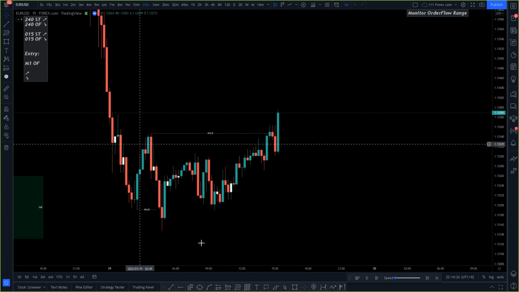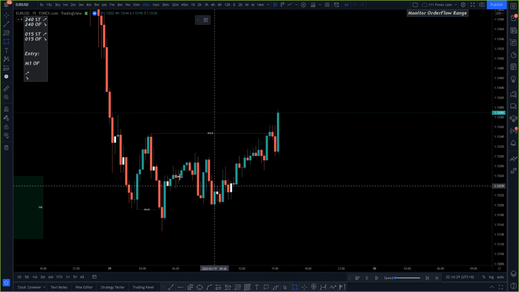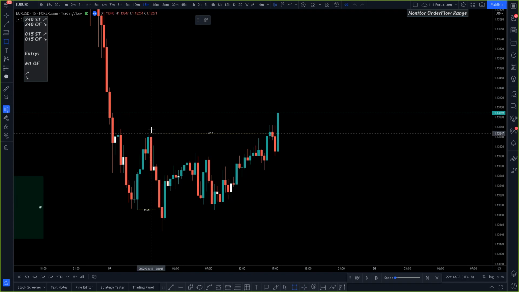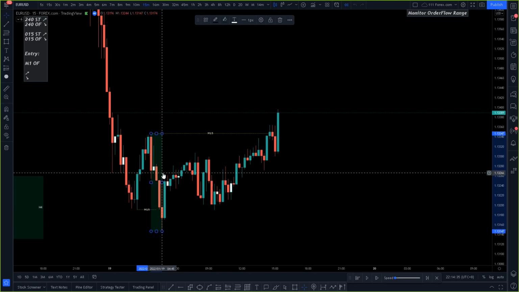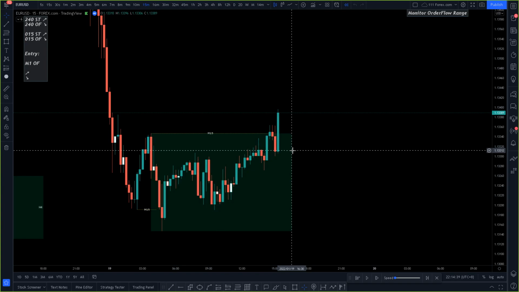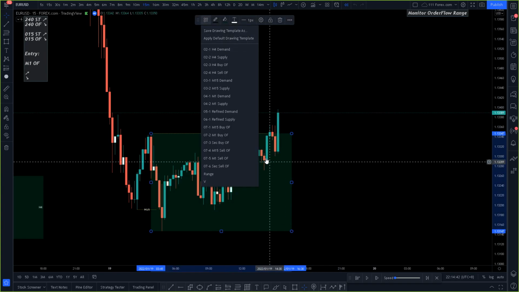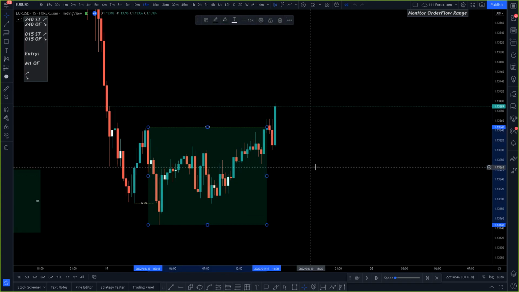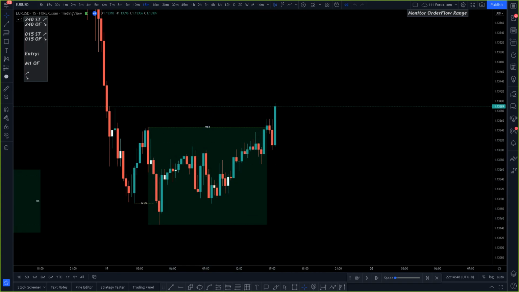So this was my range. Yep. Cool. This was my M15 range that has broken the structure, and the flip area was here.